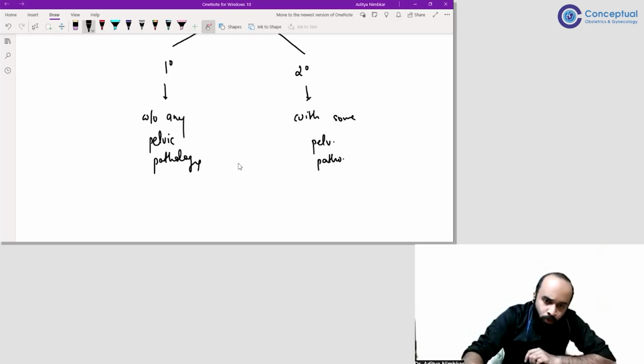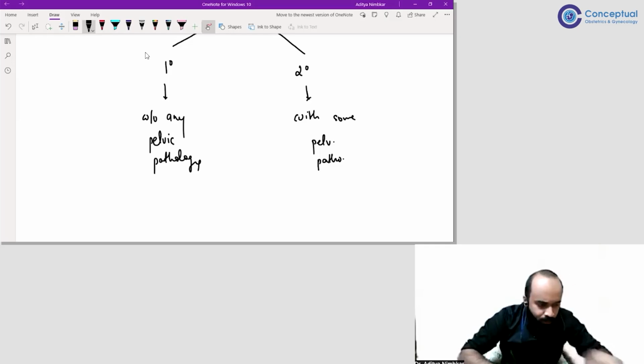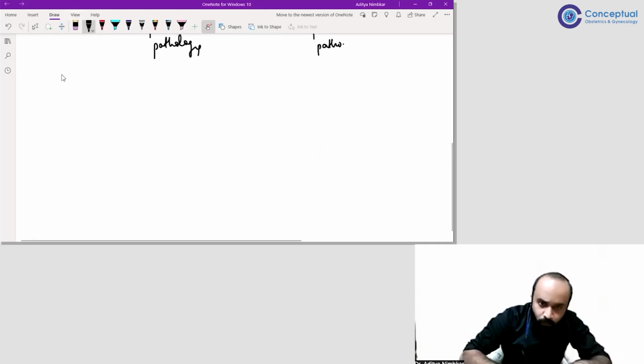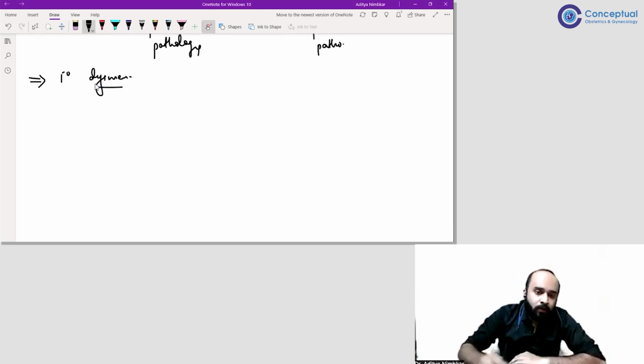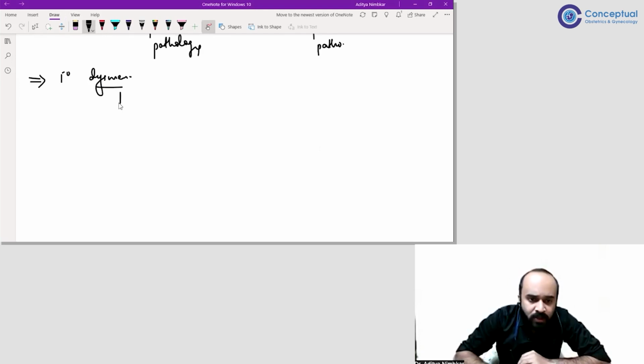So talking of primary dysmenorrhea, first of all, I need to know why there is pain in the first place. The pain is because of the prostaglandins that are secreted by the secretory endometrium.